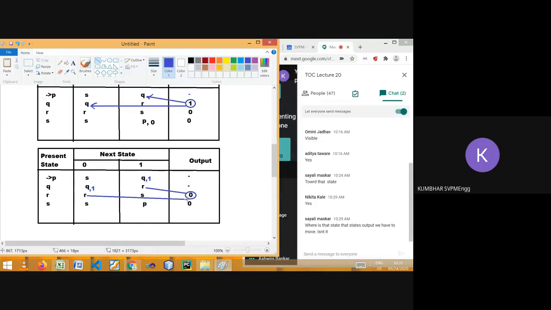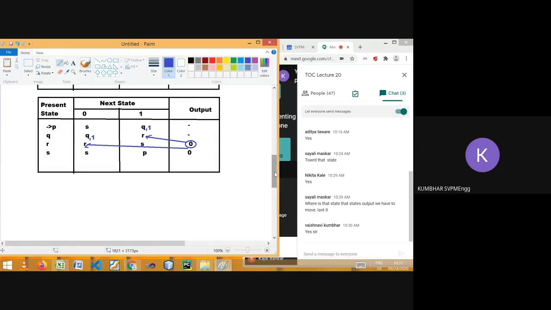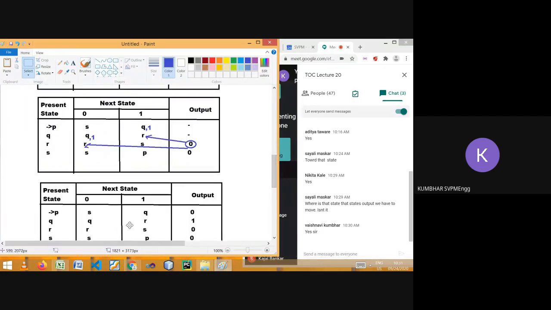I hope all of you are able to understand it. Sahil is saying that we have to move the state's output, isn't it? Yes, correct. Where that state appears, there we have to move it.